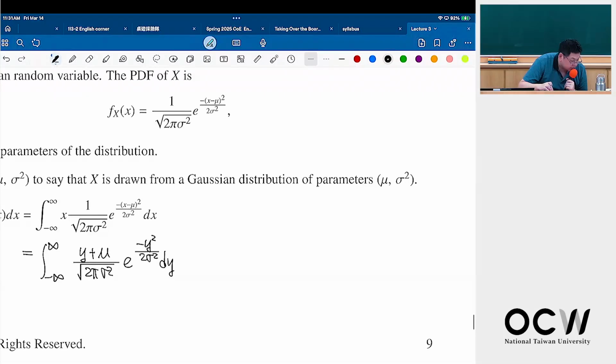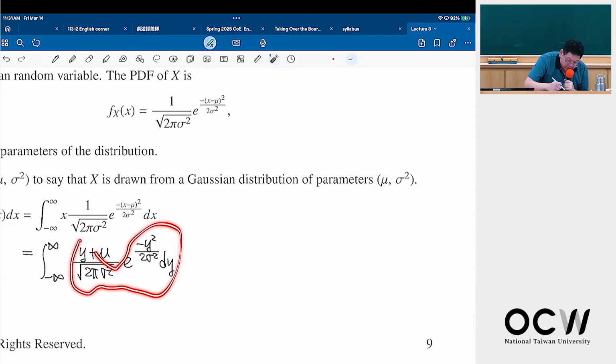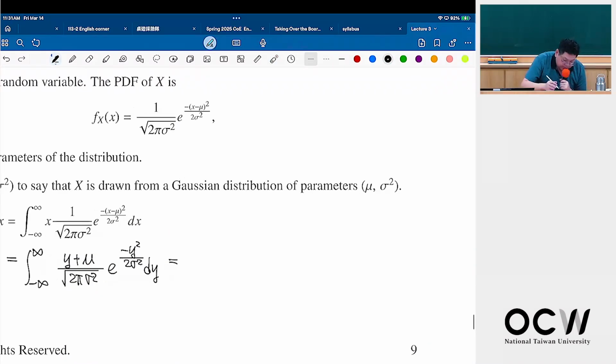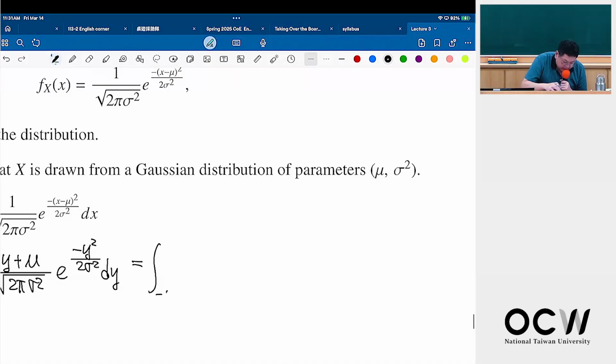So we have two parts, y and also mu. Let's see these two parts. The first one is y over the square root of 2 pi sigma squared, e to the minus y squared divided by 2 sigma squared dy.